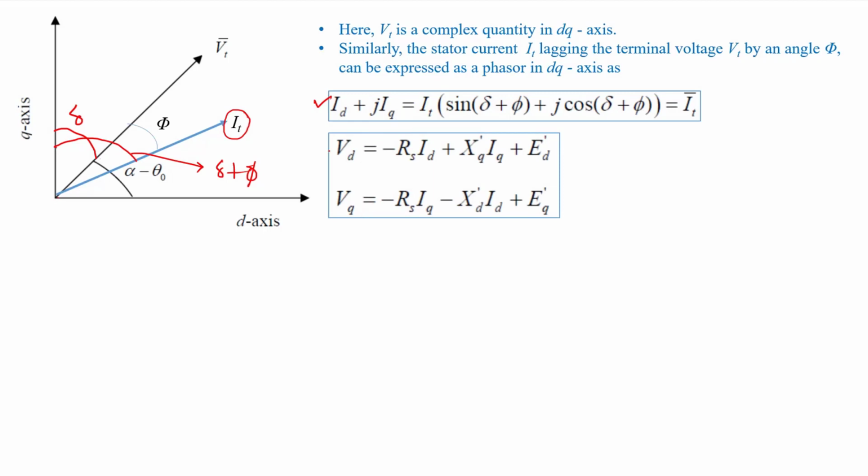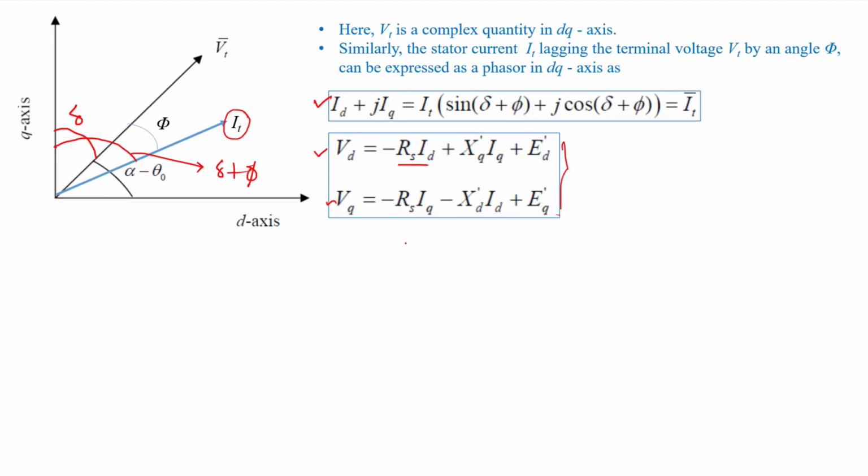Previously we have derived Vd and Vq in the previous slide. Vd equals minus Rs Id plus Xq dash Iq plus Ed dash, and Vq equals minus Rs Iq minus Xt dash Id plus Eq dash.